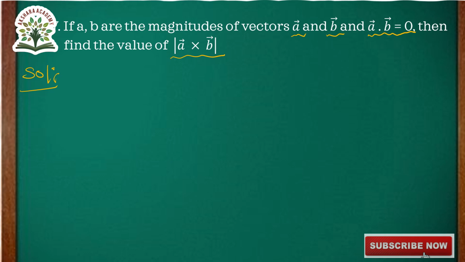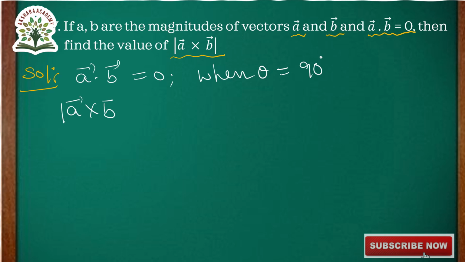The given a bar dot b bar is equal to 0. When this dot product is equal to 0, the two are perpendicular, that is theta is equal to 90 degrees, and you are finding the value of modulus of a bar cross b bar.